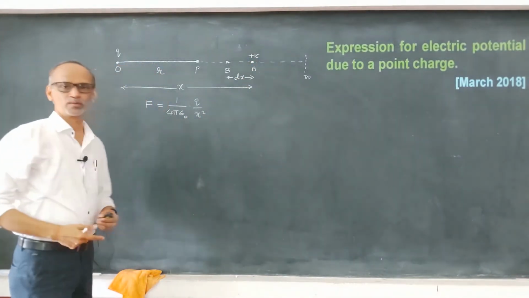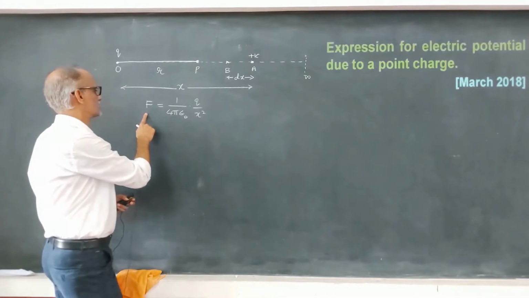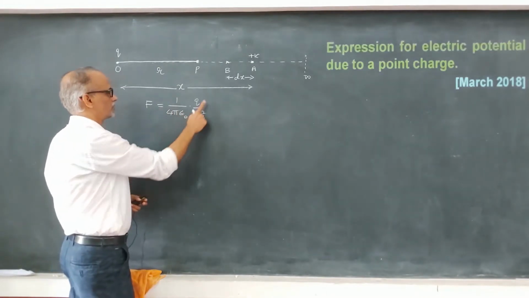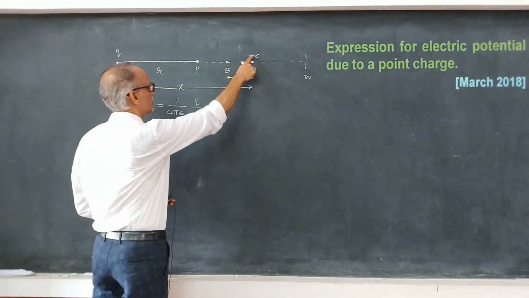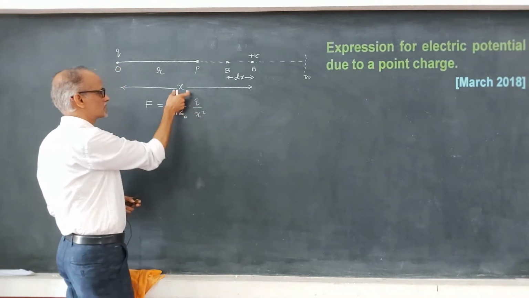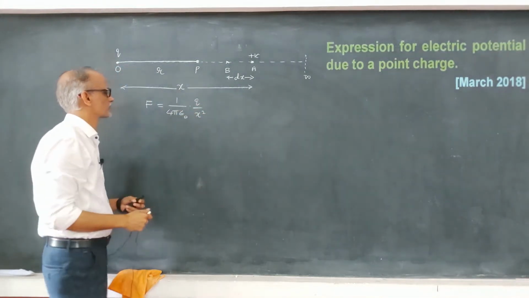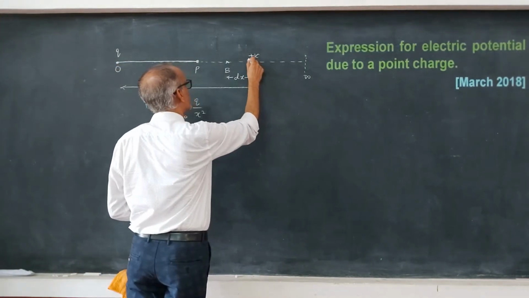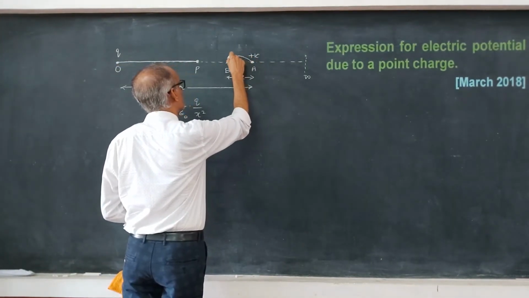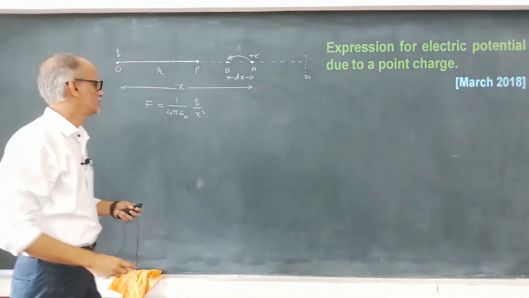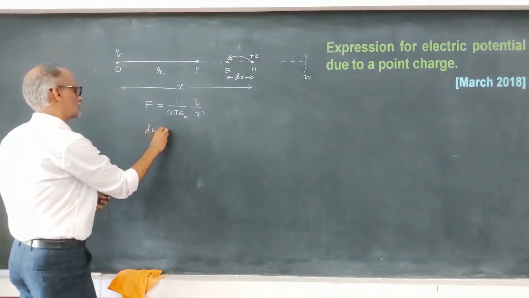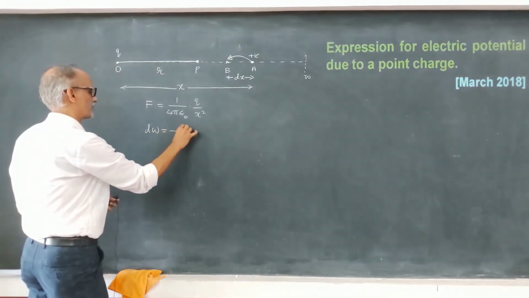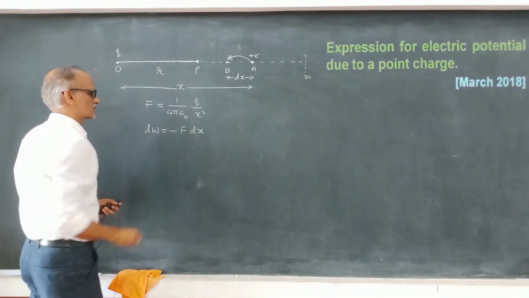And how do we get this? By using Coulomb's inverse square law formula: F is equal to 1 by 4 pi epsilon naught, product of the charges, q into 1 by x square. The distance is not r, it is x. Now, this unit positive charge is moved from A to B through a very small distance. So, what is the small work done? Work done is equal to minus F into dx.